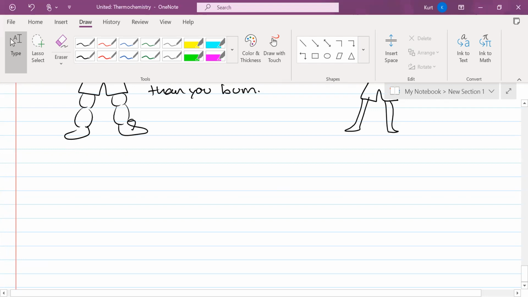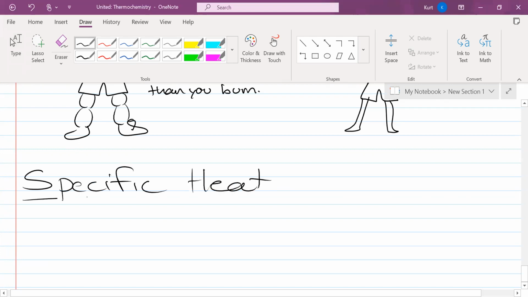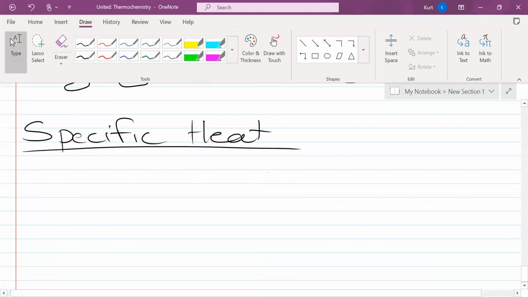And she was ripped. All right, let's get to something known as specific heat. 4.184 joules per gram per degree Celsius.